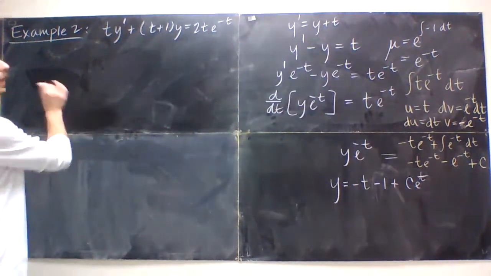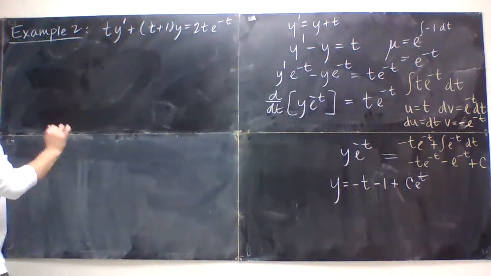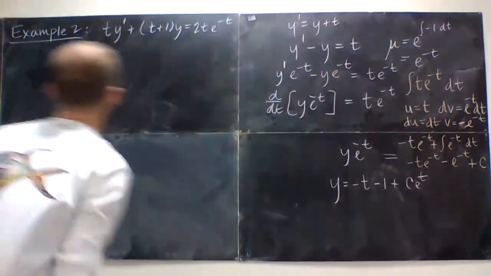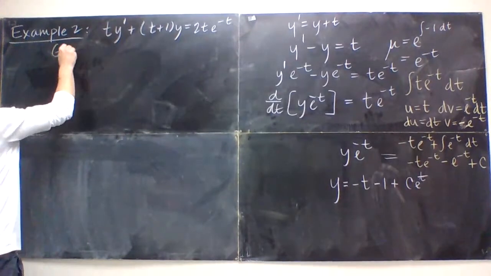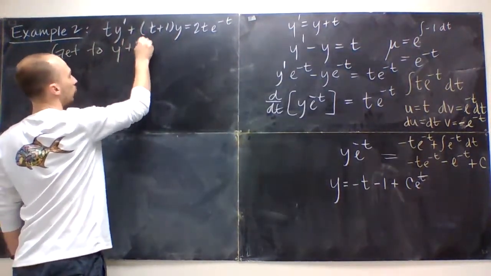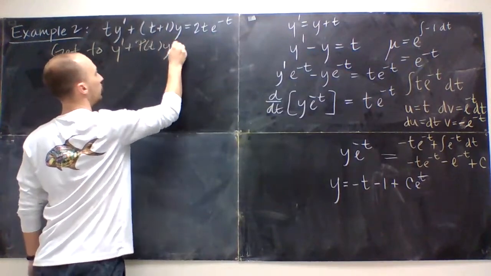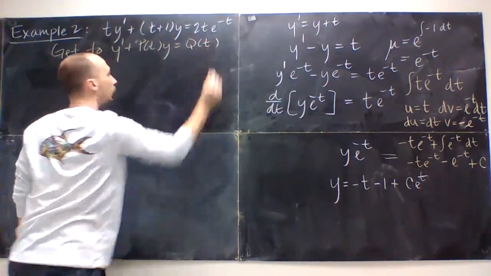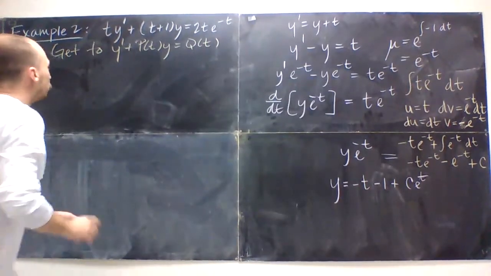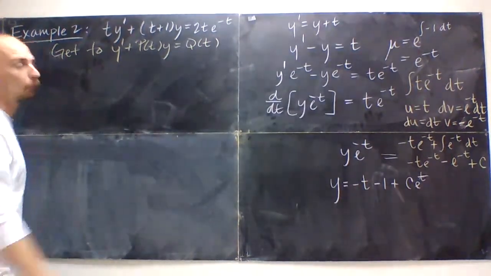So I'm going to divide both sides by t and get it into the form y prime plus p of t y equals q of t, so that we know that our integrating factor is e to the antiderivative of p of t, and then we can just motor on through this.